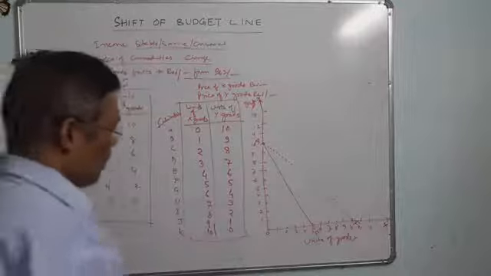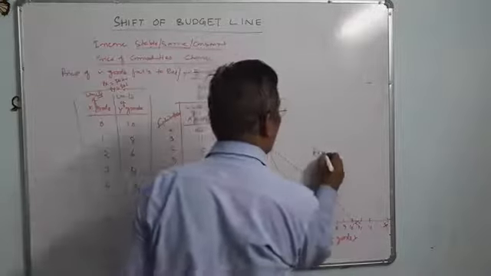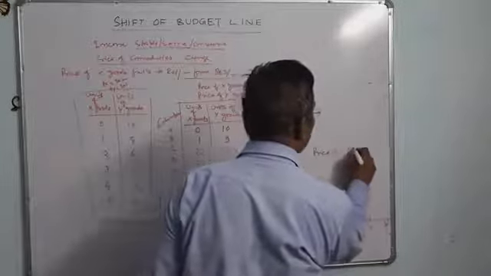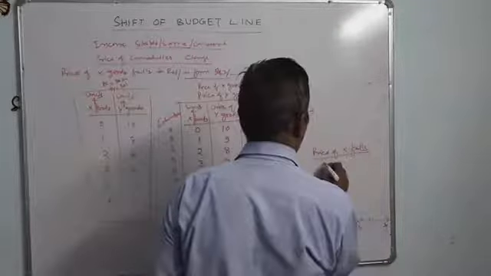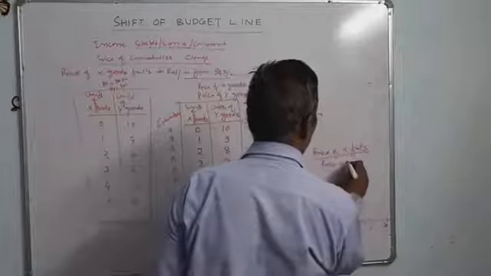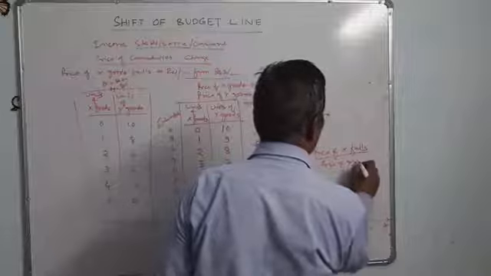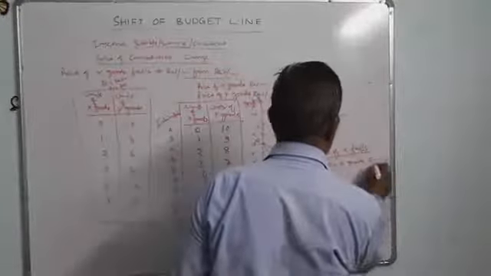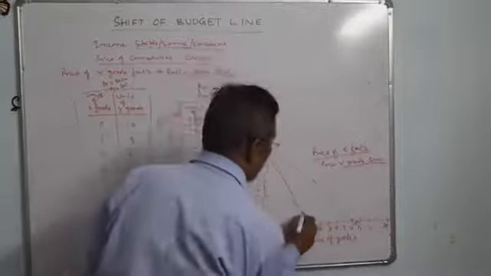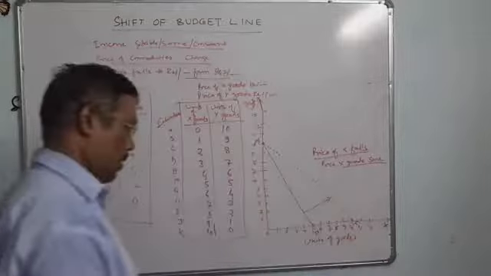So it means when the price of X falls and the price of Y goods is the same, the line shifts toward the right.